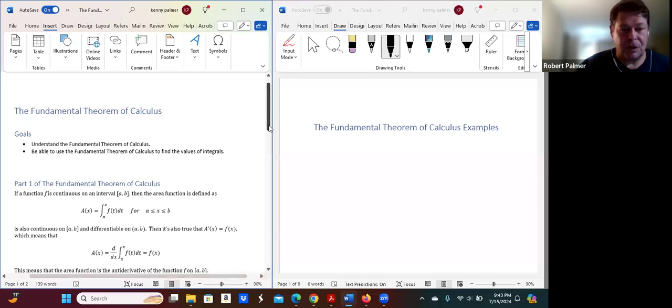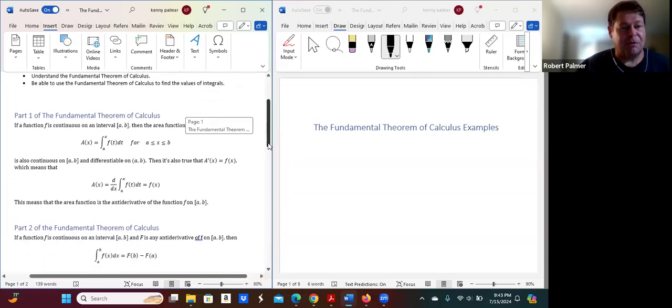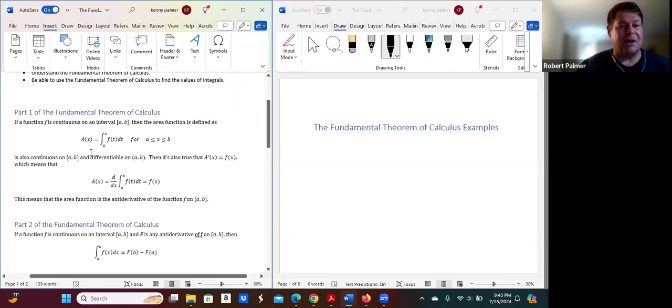Okay, so let's introduce the fundamental theorem of calculus. First we can start off with something called an area function. The usual setup: if a function f is continuous on some interval from a to b, then we define an area function like this.